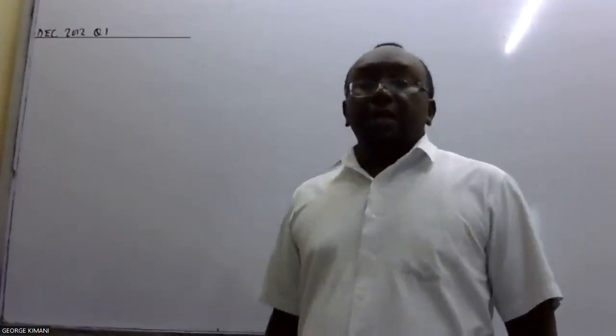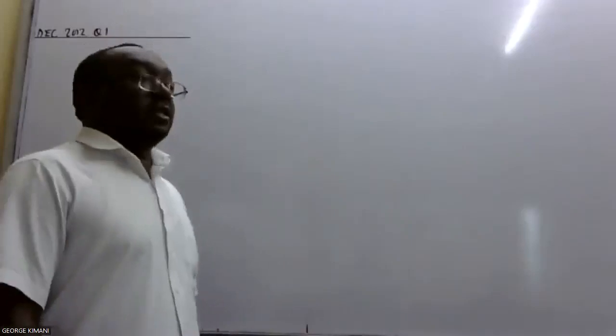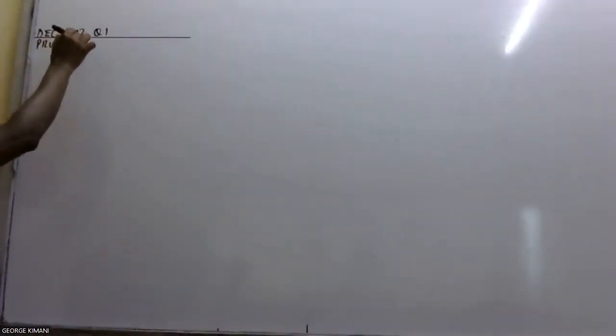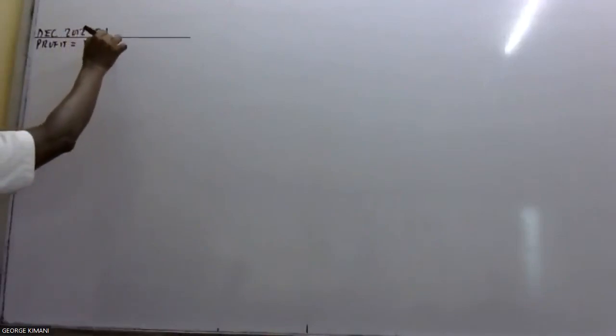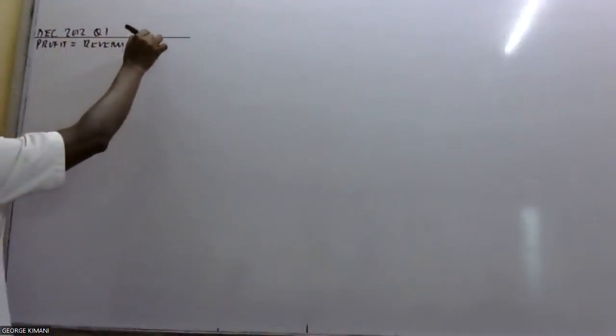If you are told to get maximum profit, this is how you go about it. First of all, you need to tell us that profit is given as revenue minus cost. So write that.